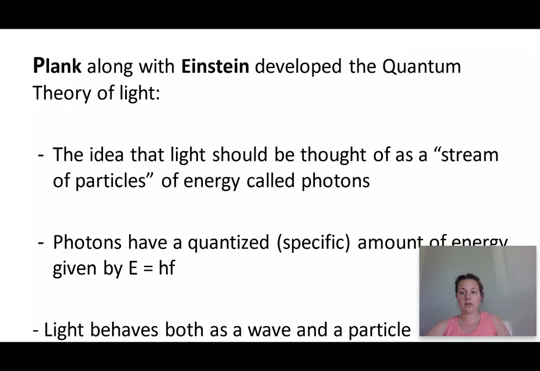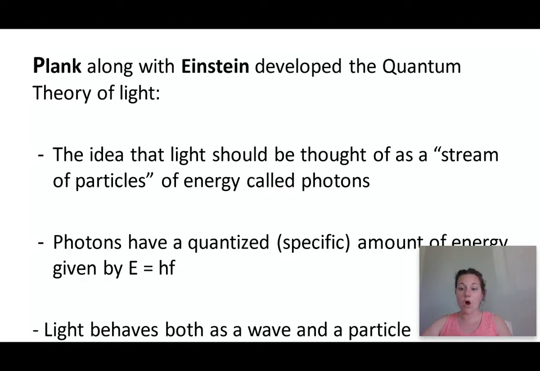Now, Planck worked with Einstein, and what they did is develop the quantum theory of light. It's this idea that light should be thought of as a stream of particles of energy called photons. So it's not just a wavelength continuing to go, but it's a stream of photons being released, just like that blinking stoplight.